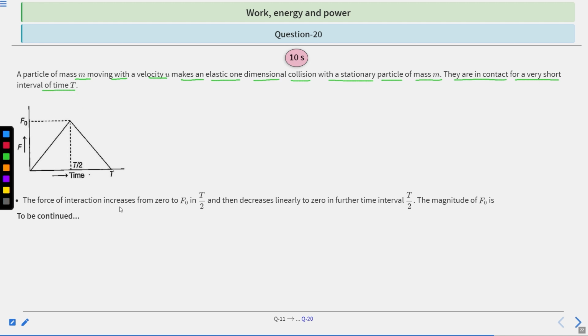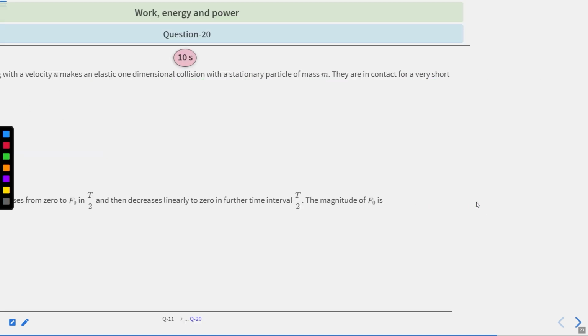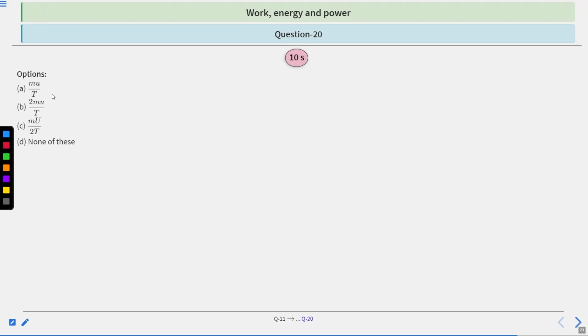The force of interaction increases from 0 to f naught in t by 2 and then decreases linearly to 0 in a further time interval t by 2. The magnitude of f naught is what? Given options: A is mu divided by t, B option 2mu divided by t, C option 2mu divided by 2t, and D option none of these. So which one is correct? Clear? You have 10 seconds to solve this question. After 10 seconds we will provide the solution.